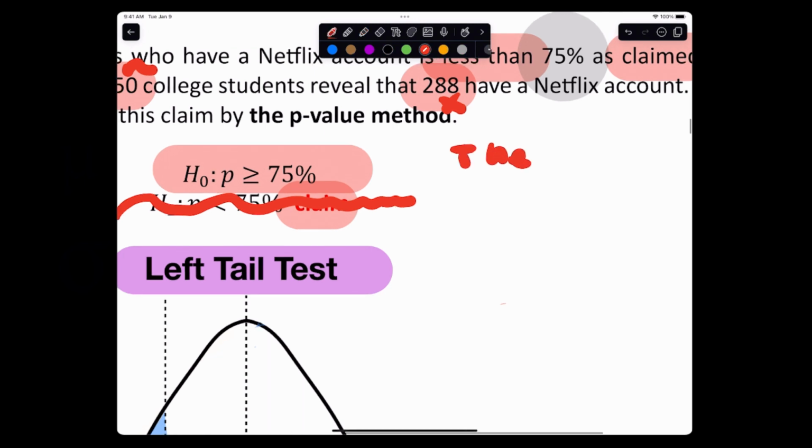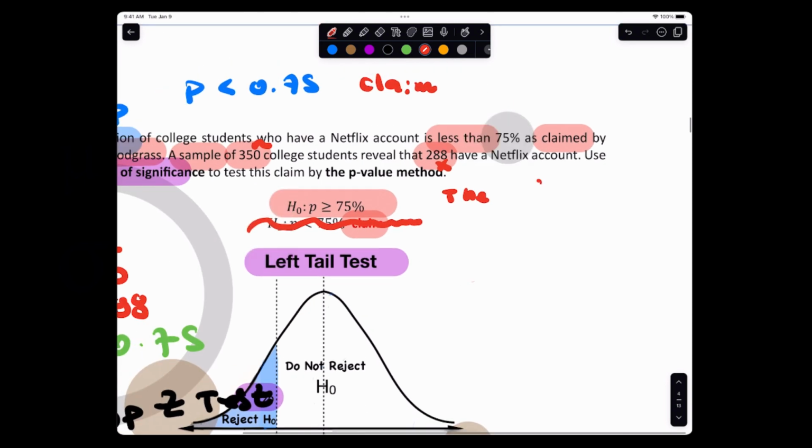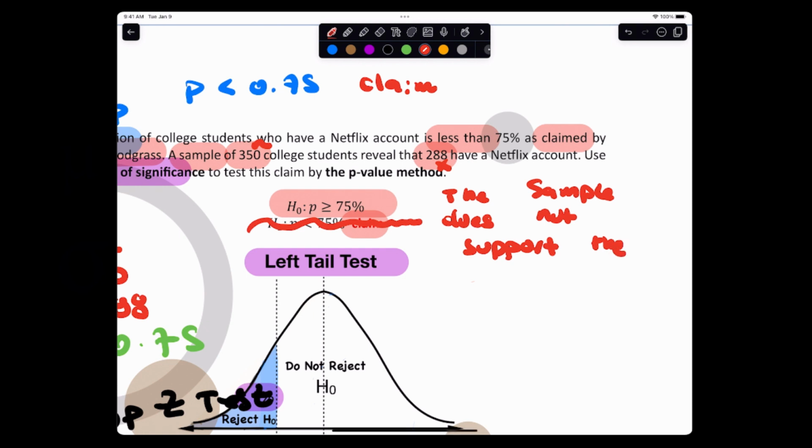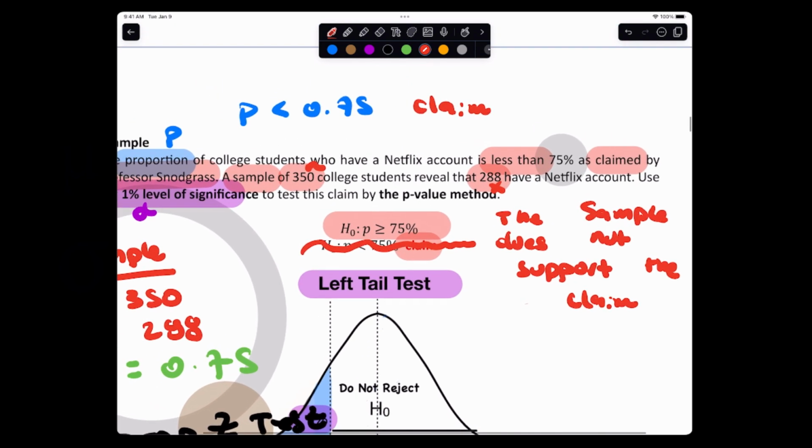That means the sample does not support the claim, very simply because we got rid of it. So the proportion is at least 75%.